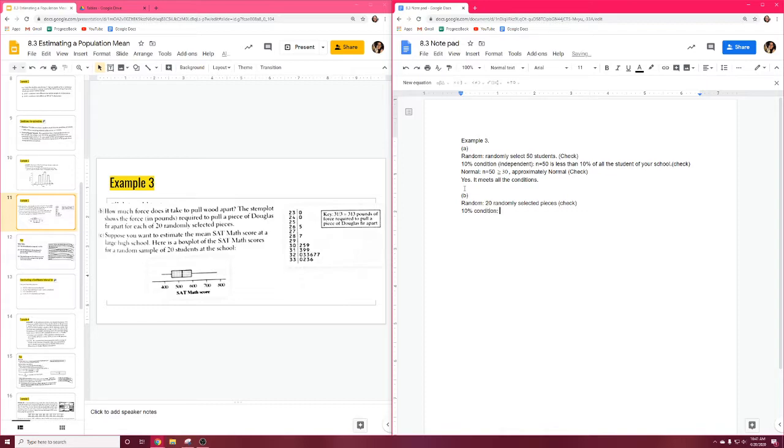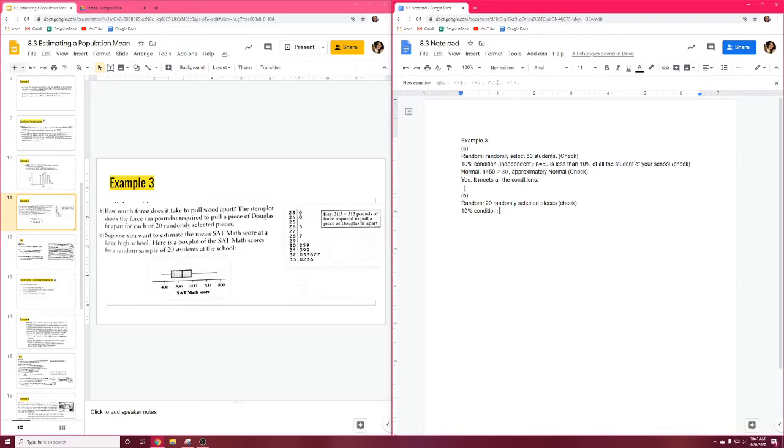Okay, and you will say they randomly selected 20 pieces. You want to think about, are all the wood pieces greater than 200? And you will think yes, because of course they will have more than 200 parts.